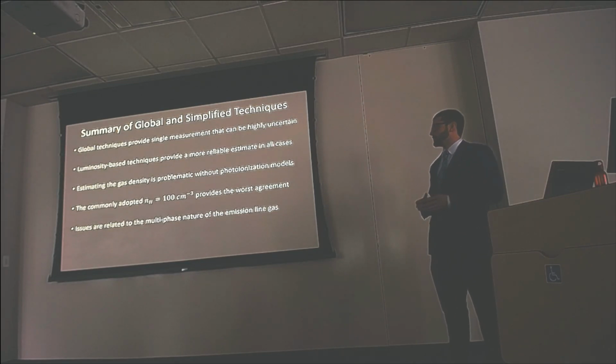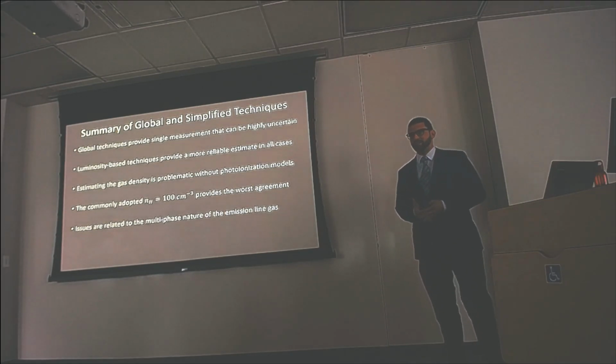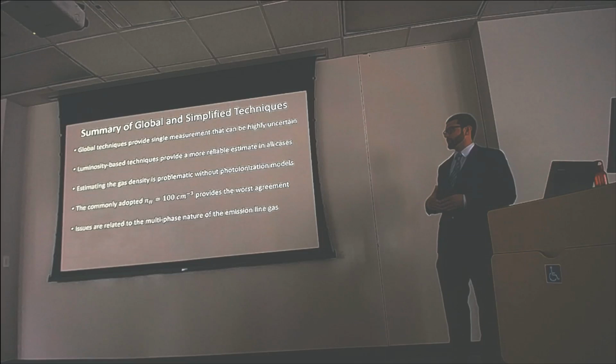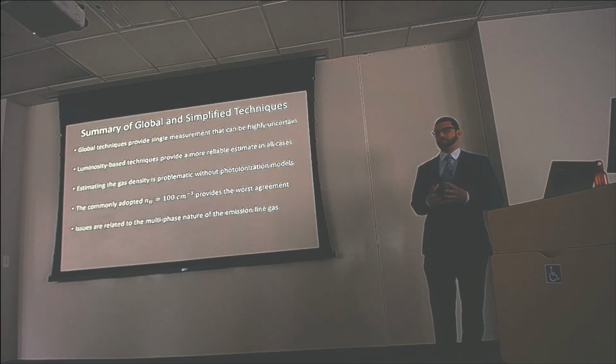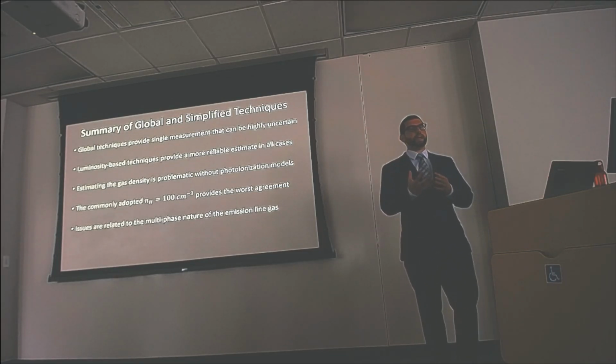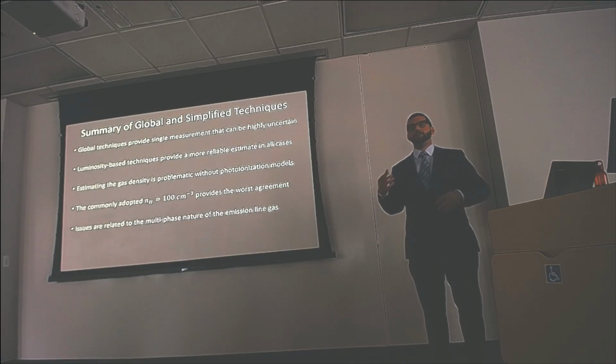Finally, a key point that we want to note and highlight is that the most commonly assumed density actually provides the largest discrepancy. One temperature, there's a range of conditions present, and we need to account for that.